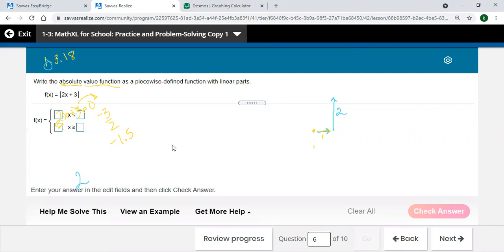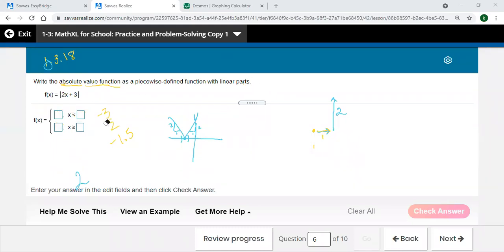Remember what we had from Desmos: this was over here at -1.5, and these slopes were 2, so it was like over 1, up 2. All right, so we're asked to do a piecewise function for this. Here we go. Let's erase some of this out of the way over here.